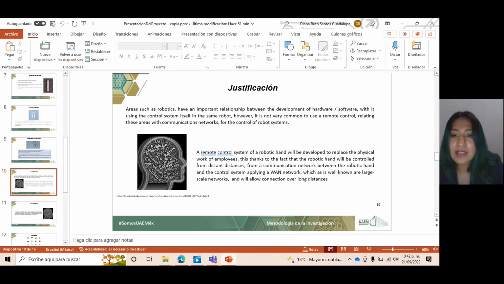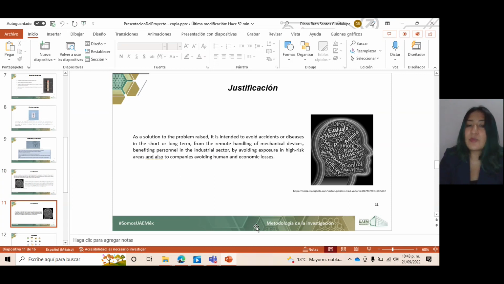This is thanks to the fact that the robotic hand will be controlled from a distance through a communication network between the robot hand and the control system, using an IP network, as these are large scale networks and will allow connection over long distances.